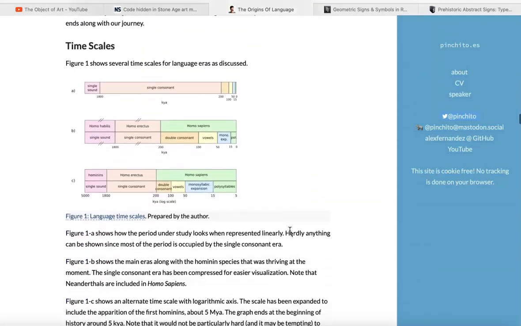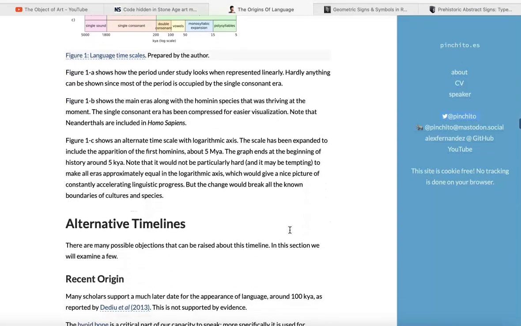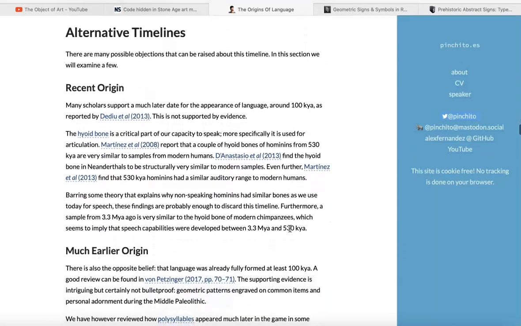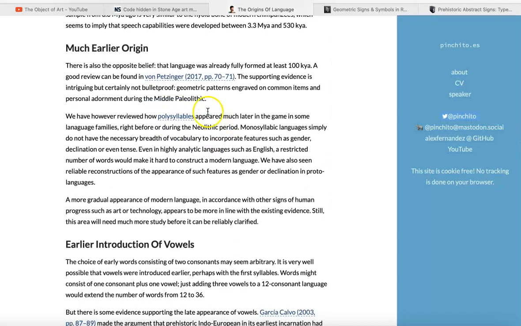Okay, and the author of this talks about von Petzinger, okay? There's also the opposite belief. The language is already fully formed, at least 100 KYA. I don't know what that means. I'll have to look it up. A good review can be found in von Petzinger in this, I guess, clickable link.